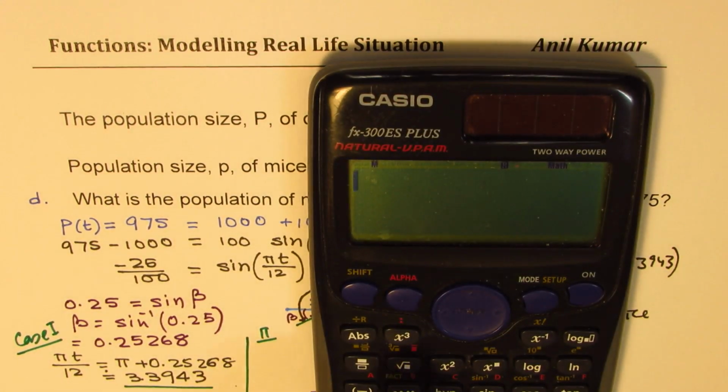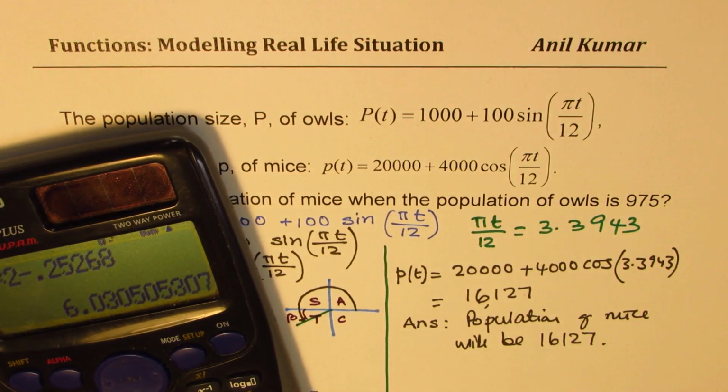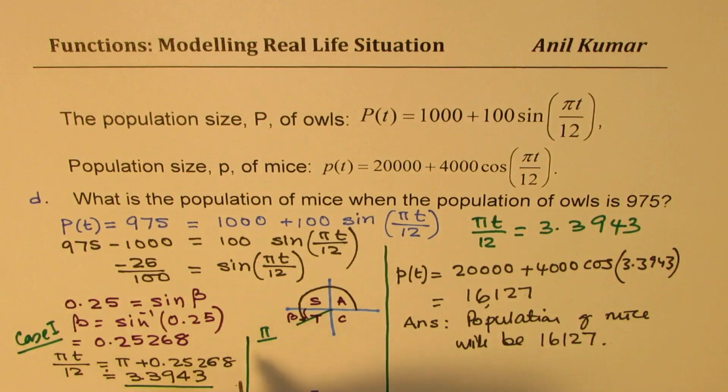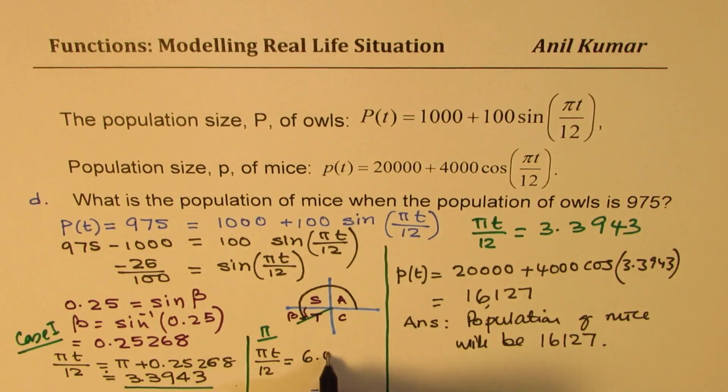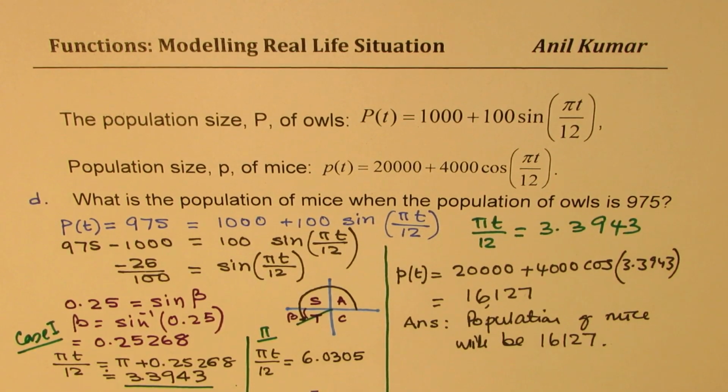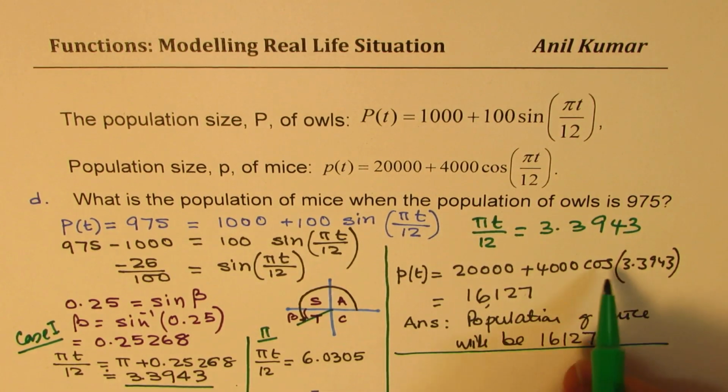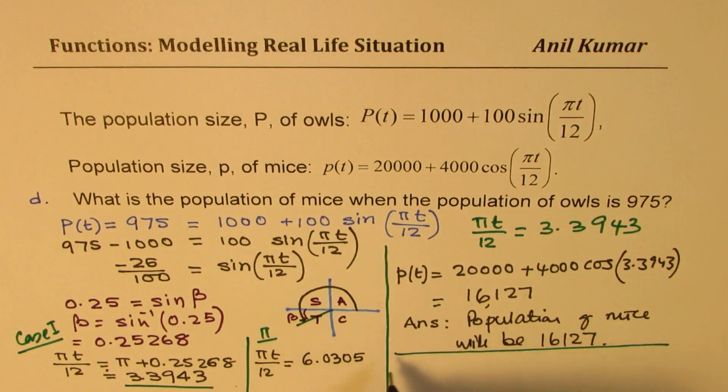So we have now pi times 2 minus 0.25268 equals 6.030. So pi t by 12 could also be 6.0305. Correct? So you could use this value and find the second answer.